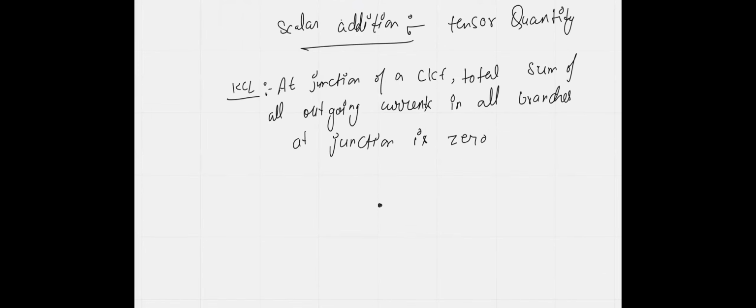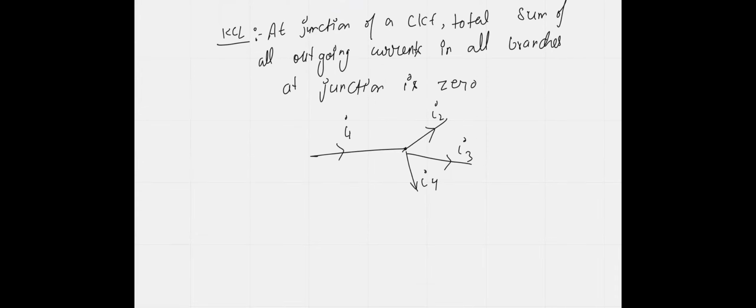If I take the example of the above case, this was the junction, and three points were there. I2 was going there, I3 was going there, and I4 was going there. I1 is going there. I said Kirtana, the total current coming towards this junction should be zero. So I1 is going towards the junction, so I will write it as I1. How should I write I2 such that it goes this way?